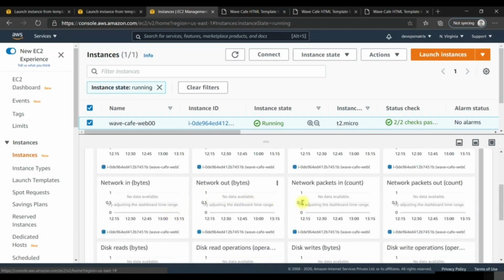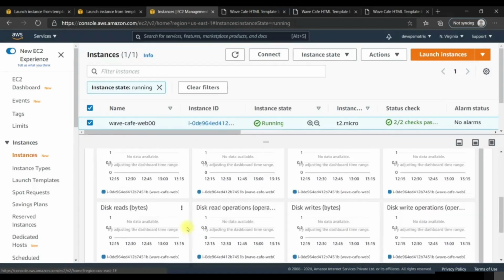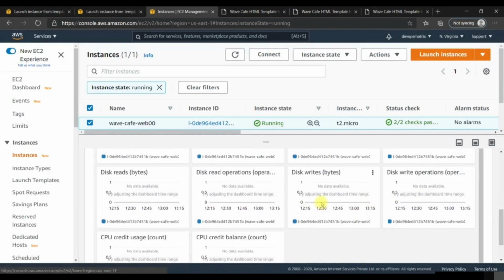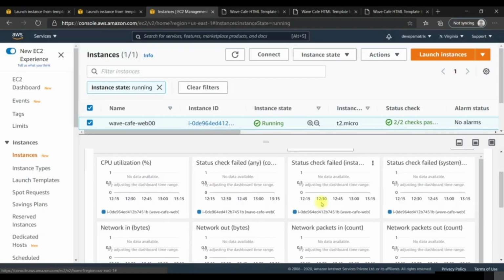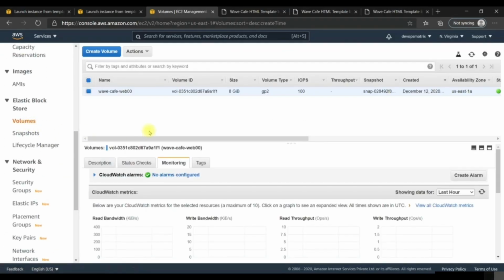So CPU utilization, status checks, network in, network out, network packets in, network packets out, disk read, disk read operations, disk write and disk write operations. These are the common metrics, or standard metrics, that you will see in all EC2 instances.